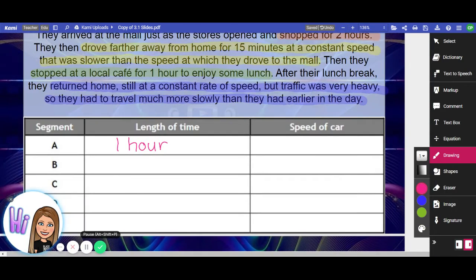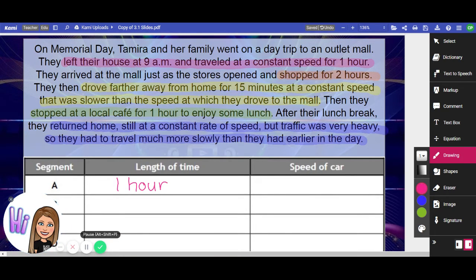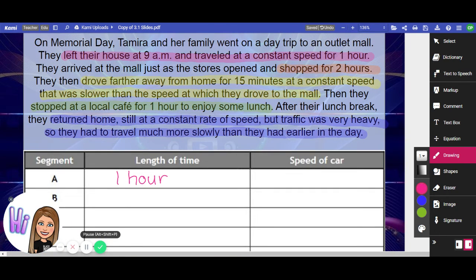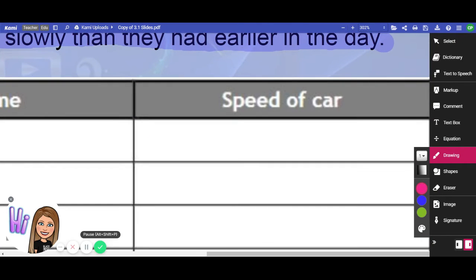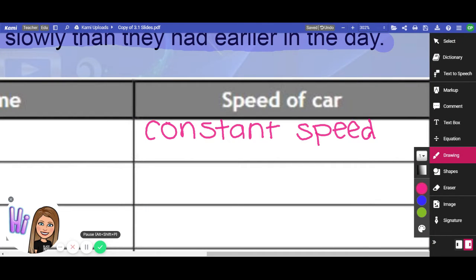And then the speed of the car was a constant speed, they said. And they don't share it in this paragraph, but in my teacher instructions, it says that they traveled at this constant speed for 70 miles.